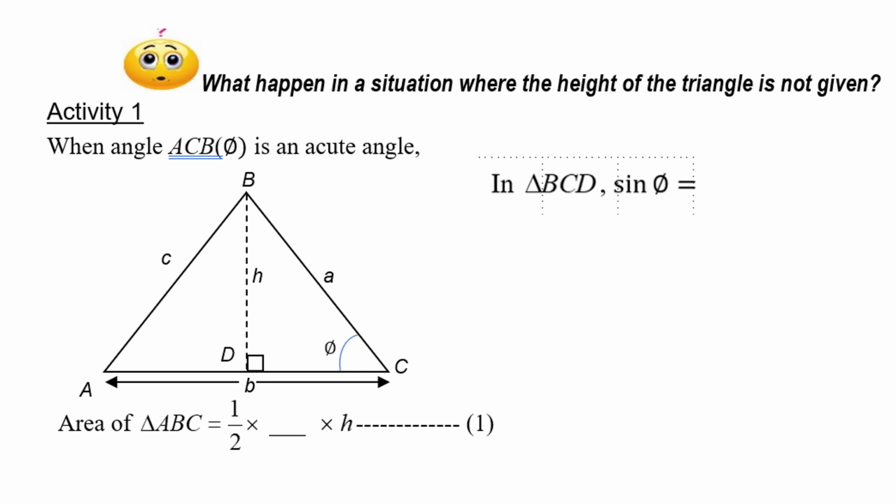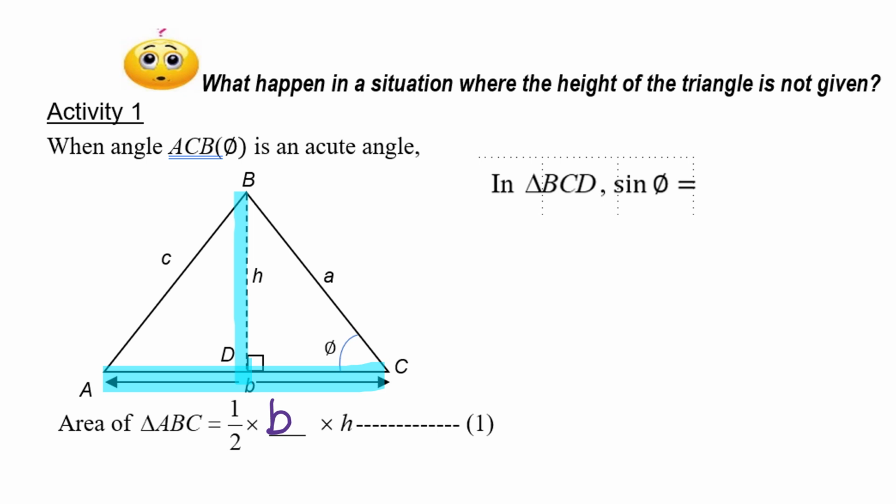Supposing you're given the base to be B and the height to be H, then of course the formula will be half times base times height. We're going to use this formula, half times base times height, to derive another formula to find the area of this triangle ABC when you're not given the perpendicular height.